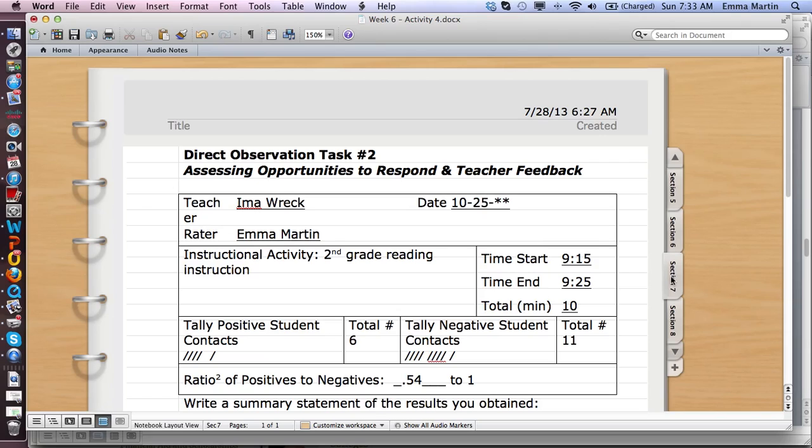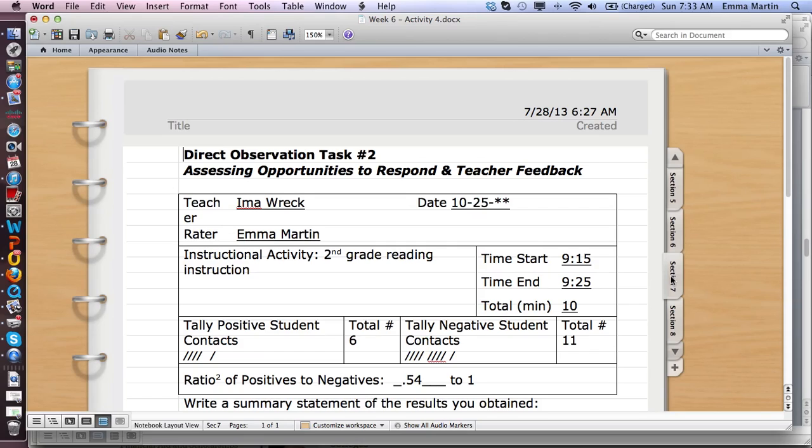All right, after we did that, we wanted to spend a little more time looking at several other areas that impact classroom management. So if we look at this page, what we're seeing here is a tool to look at opportunities to respond and teacher feedback.